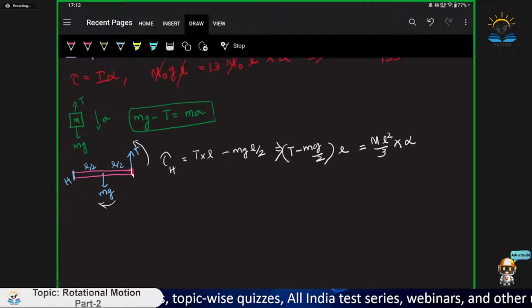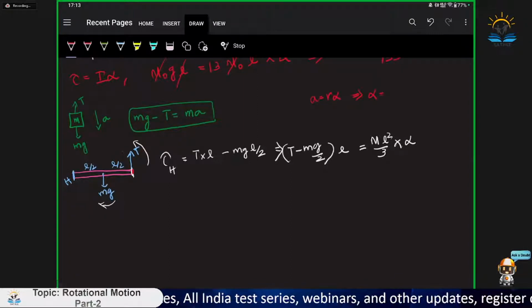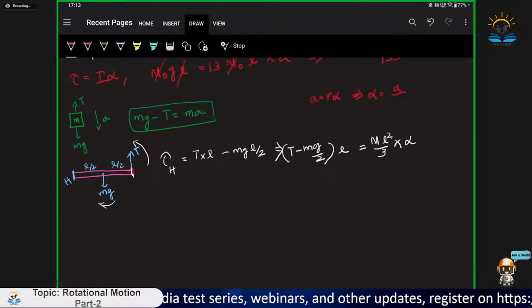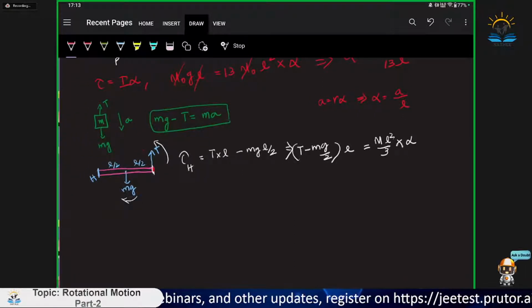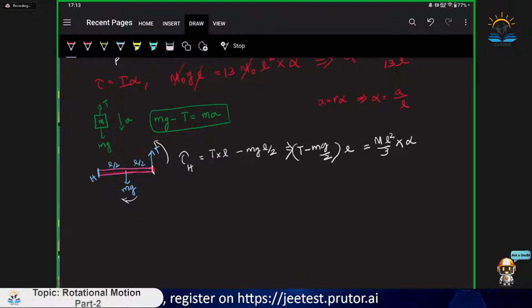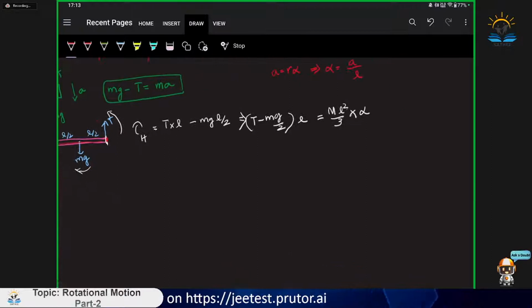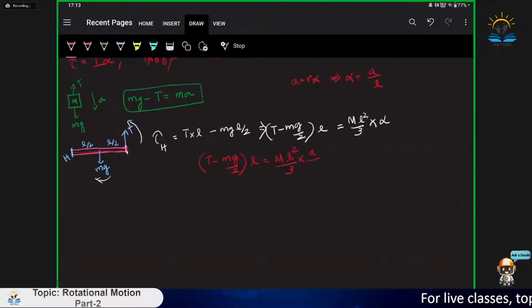We know that A equals R alpha. So alpha, we can also write A divided by length L, because this point will follow a circular motion when the rod goes upwards, and its radius is L. So T minus mg by 2 into L equals ml square by 3 into alpha, we can write A by L.